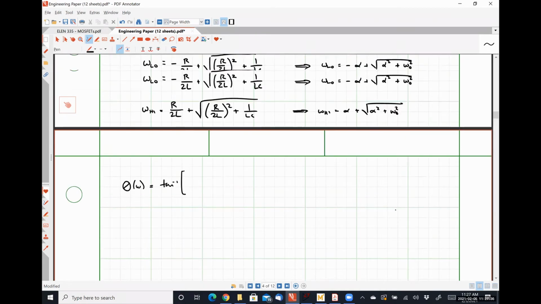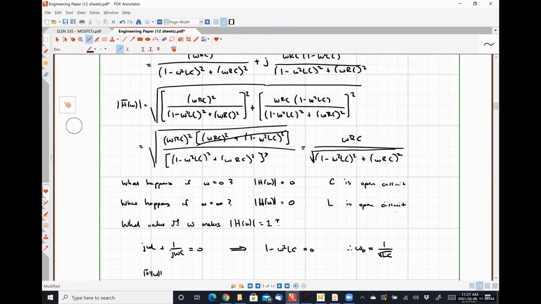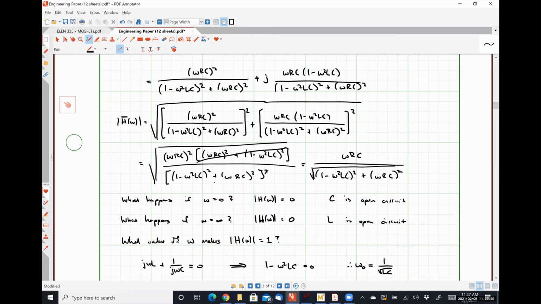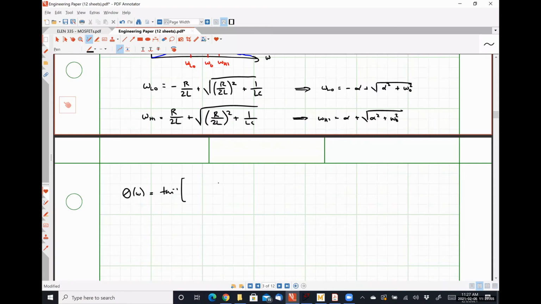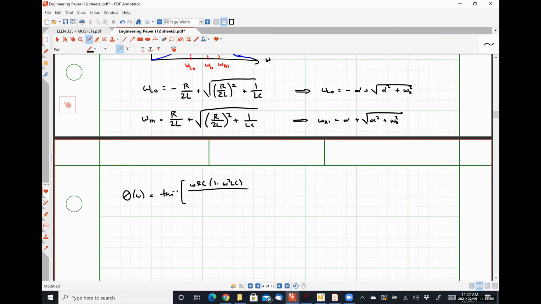The imaginary part was omega RC times 1 minus omega squared LC, divided by the real part, omega RC quantity squared, and we're left with the arctangent of 1 minus omega squared LC over omega RC. All right, so that's our bandpass filter.